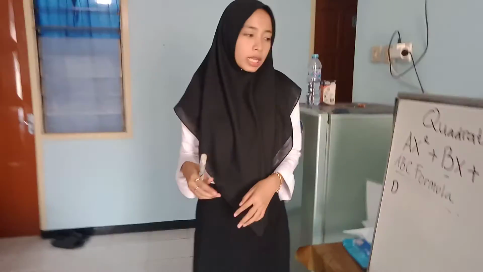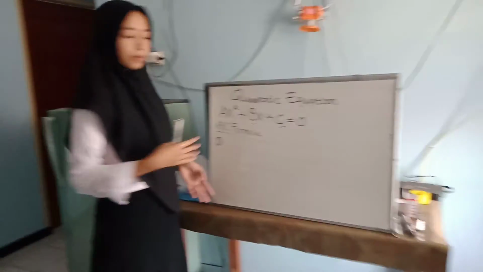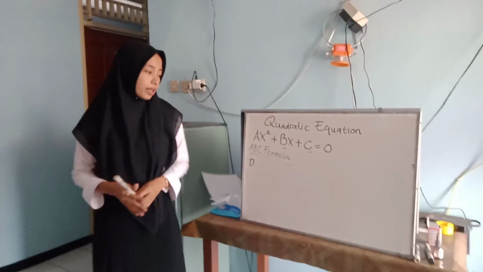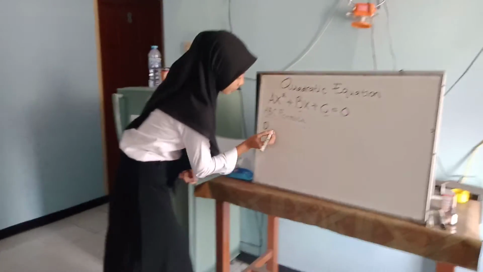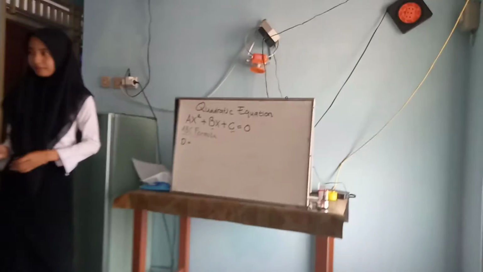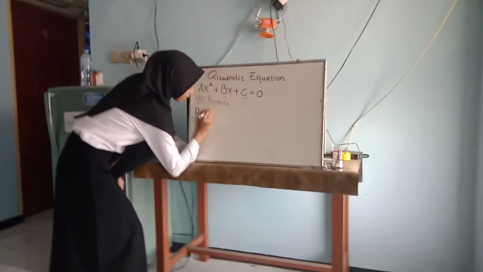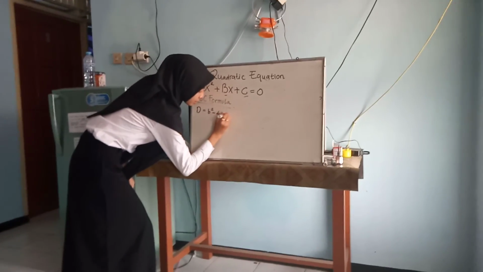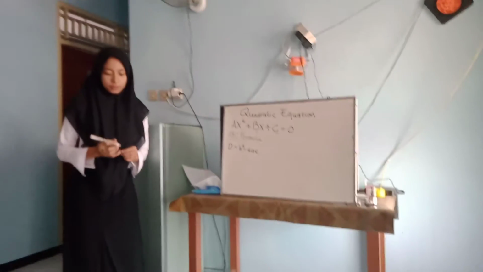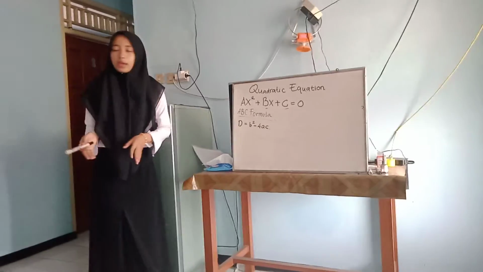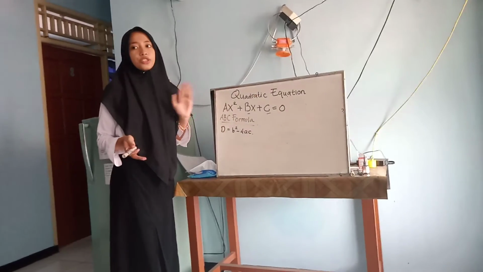Okay, I repeat. Before we start the method about the ABC formula, we must know about the discriminant. Do you know the formula of the discriminant? No. Okay, discriminant is equal to b squared minus 4ac. If the value of the discriminant is less than 0, the quadratic equation has no real solution.